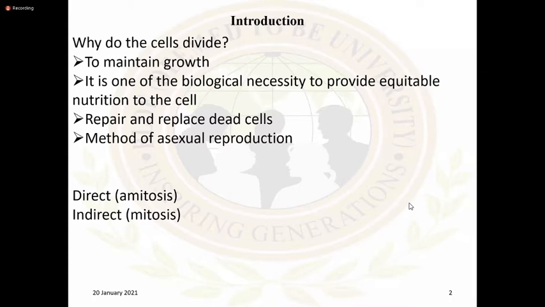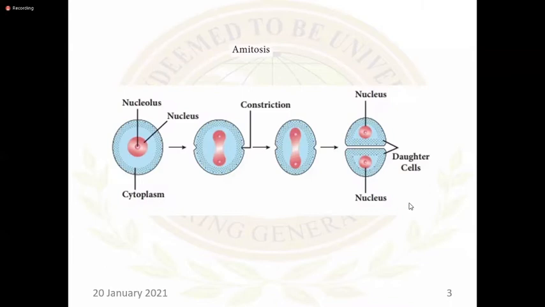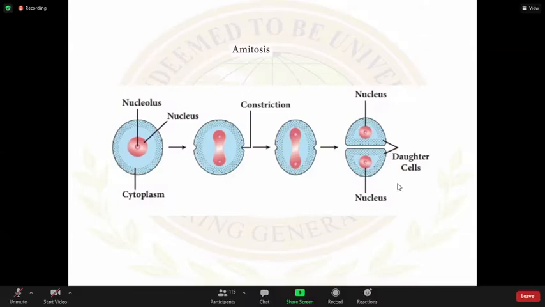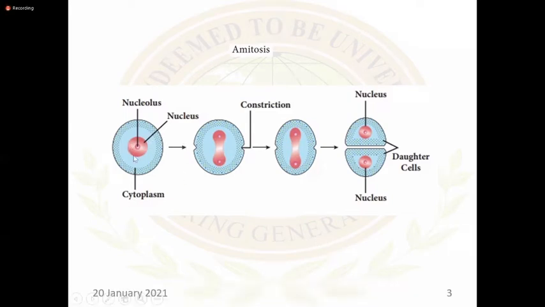Now, when we see methods of cell division, there are two methods. One is the direct, that is amitosis, and then the indirect, that is mitosis. Here I have put a slide to show you amitosis. This is the cell with the nucleolus and cytoplasm. It is just a direct division of the nucleus as well as the cytoplasm.